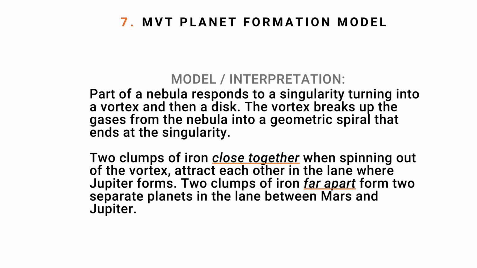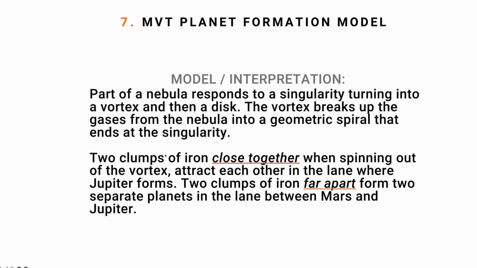Mass vortex theory sees that part of a nebula responds to a singularity when a singularity becomes present, and this turns into a vortex and then a disk. The vortex breaks up the gases from the nebula into a geometric spiral that ends at the singularity.